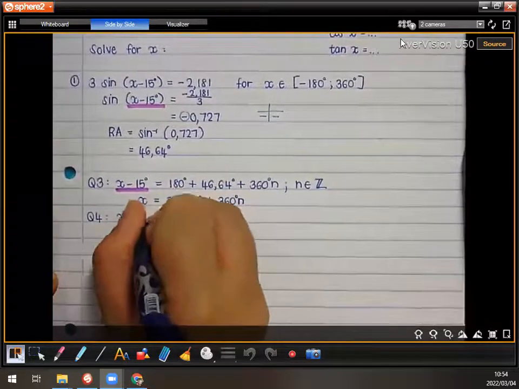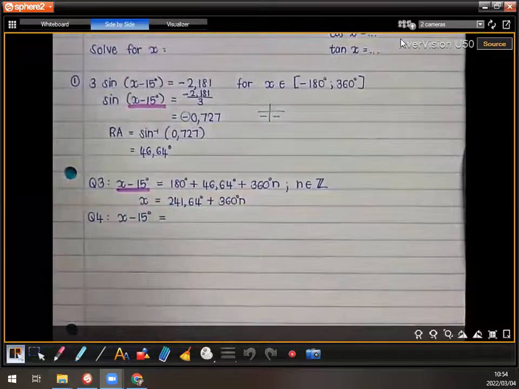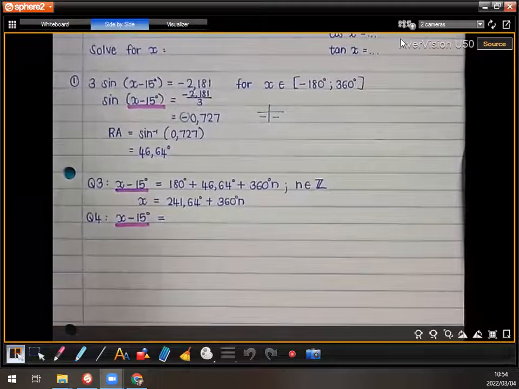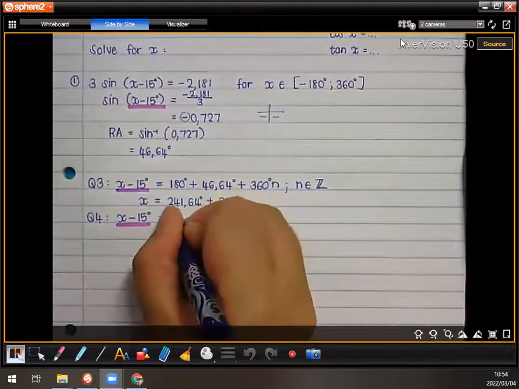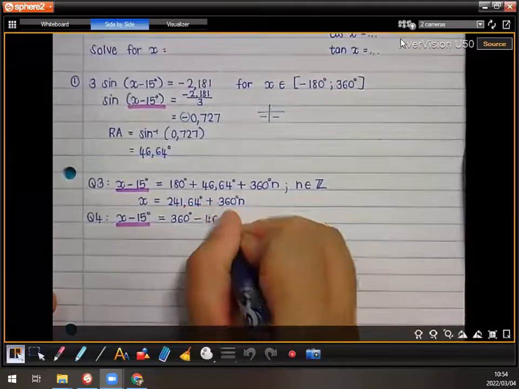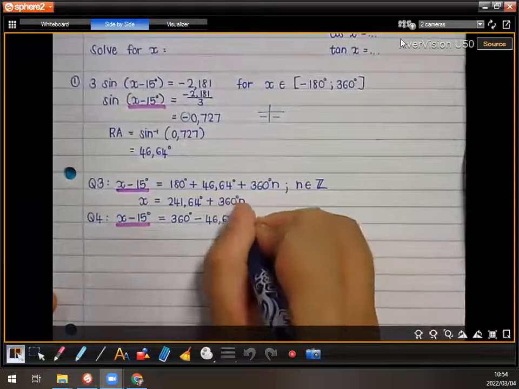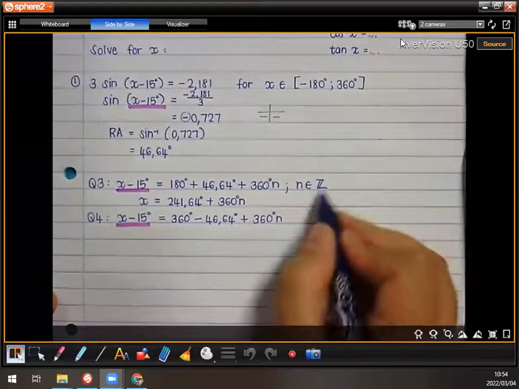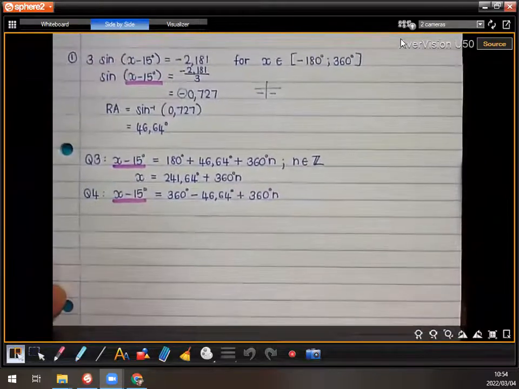Again, x minus 15, that whole angle that we had. Now in quadrant 4, we work with 360 minus the reference angle, so 360 minus 46,64, but again plus 360n. Now, guys, remember, if you've written n is an element of Z once, you're going to write it again.